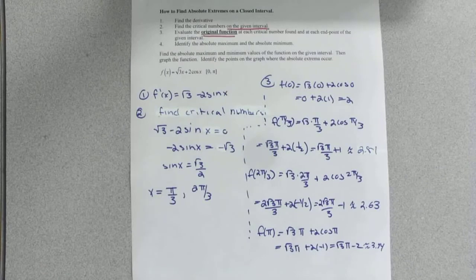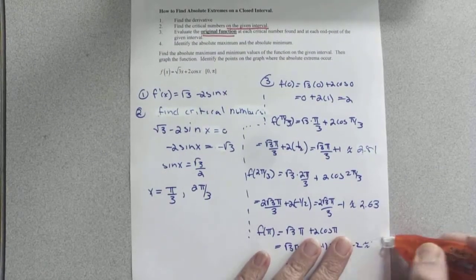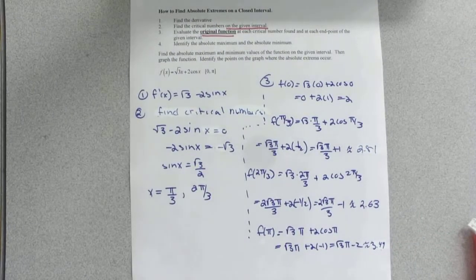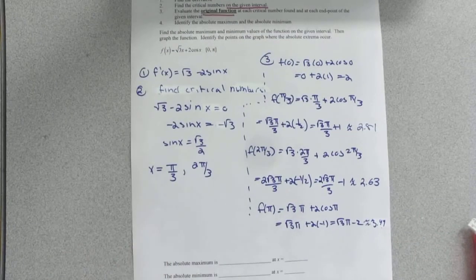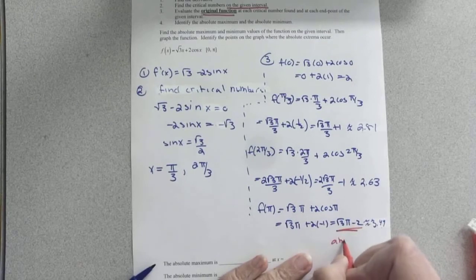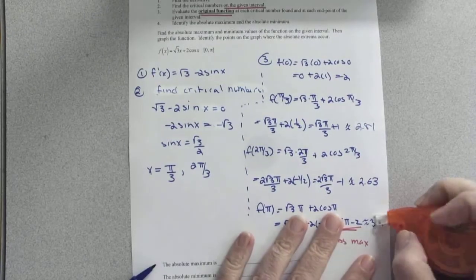Now, I put the decimals there only to help us better choose our final answers. So down below, we need to now identify our absolute max and mins. Our absolute maximum is the biggest number I see here, which is right there, absolute max. The biggest of the values I have there, which turned out to be roughly 3.44.